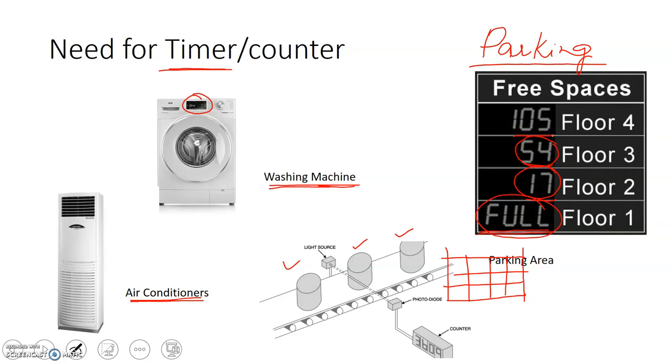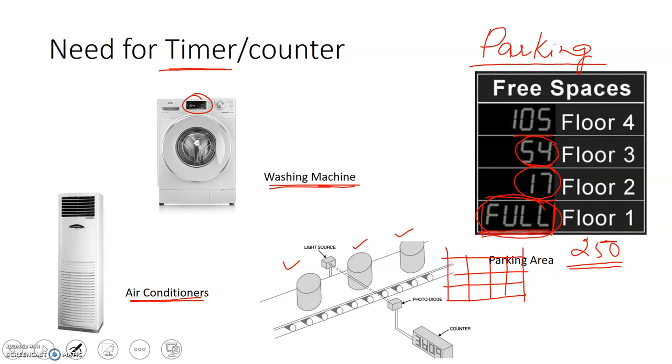So basically, they count the cars that are coming into that floor, and they keep a note of that. When it exceeds a predefined value, say 250 cars can be accommodated on one floor, then it starts displaying the message that the parking space is now full. You can use any other floor.